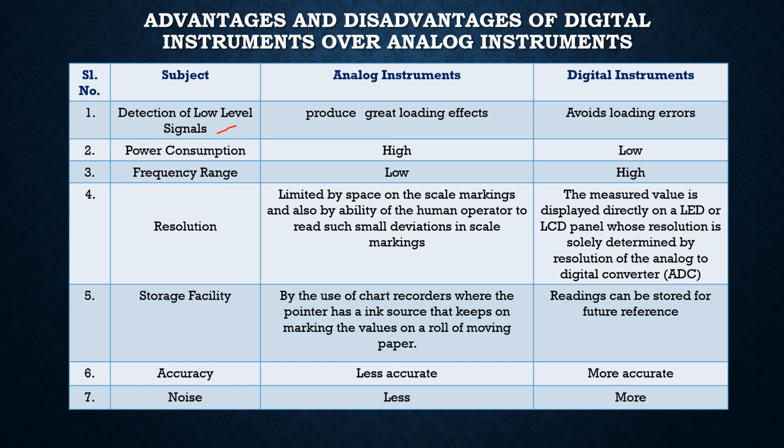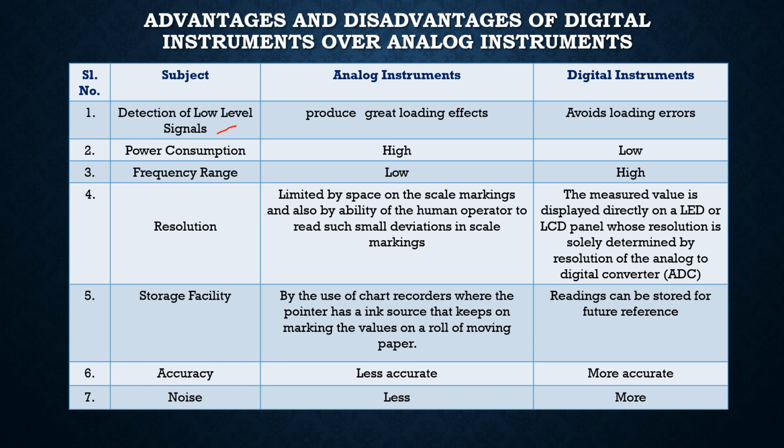Next feature we have is frequency range. Frequency range for the analog instrument is very low. Frequency range for digital instrument is very high. Digital instrument basically can give a frequency of the order of hundreds of megahertz.